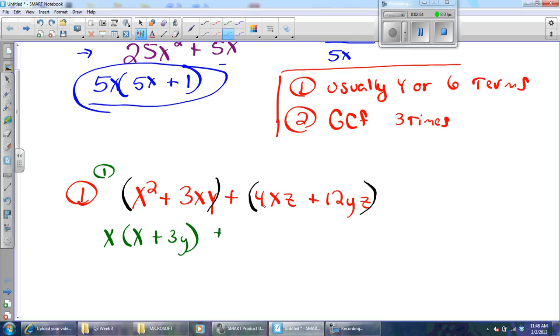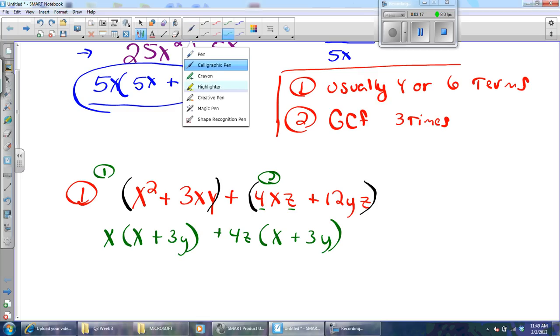Looks like my GCF might be a 4z, I think. So I'm going to pull out a 4z, and I'll be left with an x, and 12 divided by 4 is 3, and I take the z out, so there's a y left. There was my second GCF. Do you notice anything?